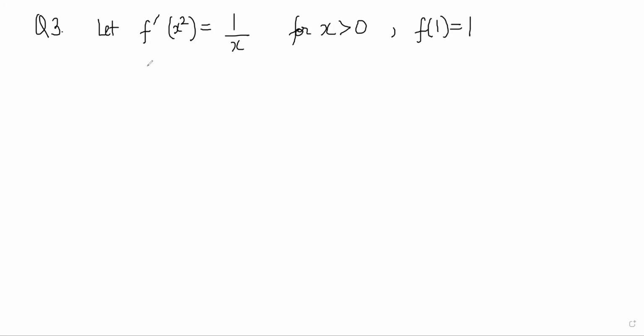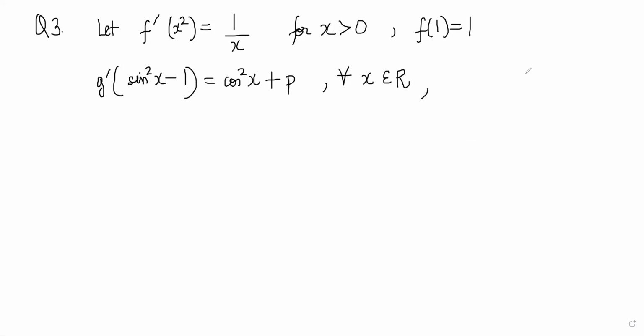Question 3. So here we have let f dash of x squared is equal to 1 by x for x greater than 0. F of 1 is 1 and g dash of sine square x minus 1 is equal to cos square x plus p for all x belongs to real, and we have g of minus 1 is equal to 0.